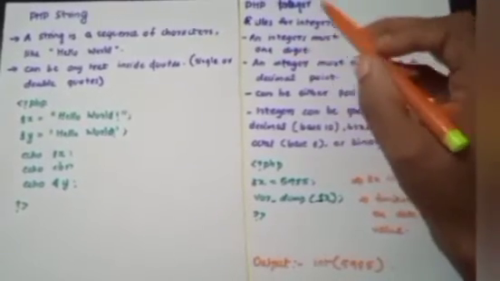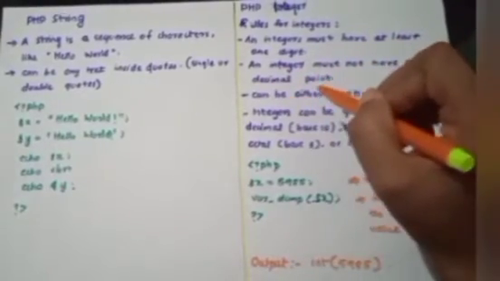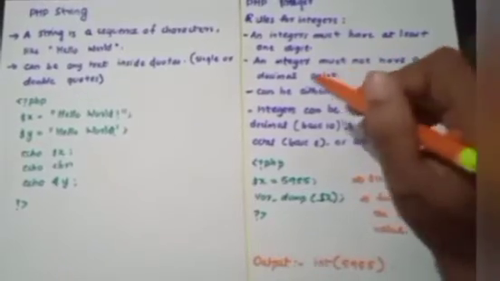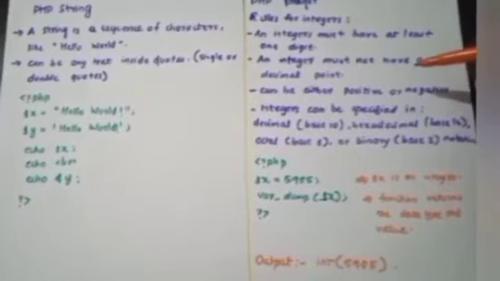Any integer must not have a decimal point. If there is a decimal point, it cannot be considered an integer, so never use decimal points when defining integers.